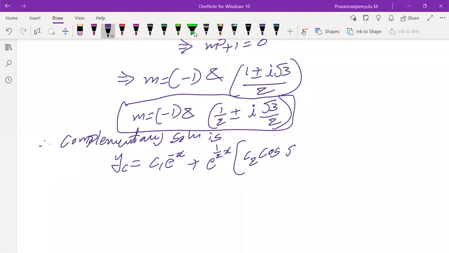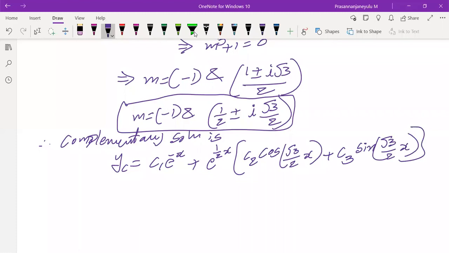Cos of root 3 by 2 into x. The root is only for 3, but not for the denominator 2 and also not for x. Plus c3 into sine of root 3 by 2 into x.